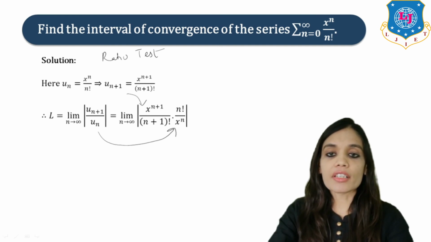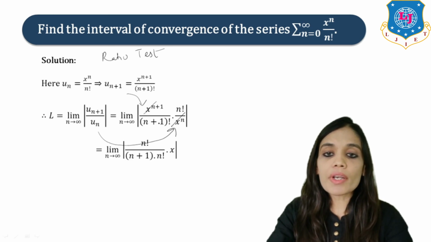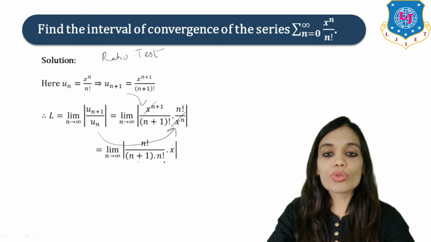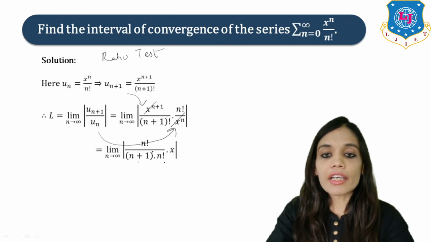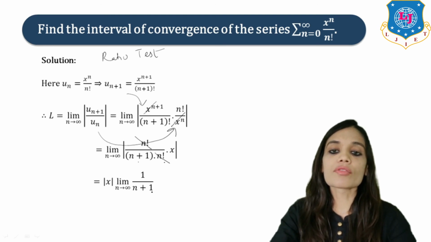Now we'll simplify this. So x raised to n will get cancelled out and n plus 1 factorial can be written as n plus 1 into n factorial, right? Now again this n factorial will get cancelled out and take mod x outside. So what will remain? Mod x times limit n tends to infinity 1 upon n plus 1.